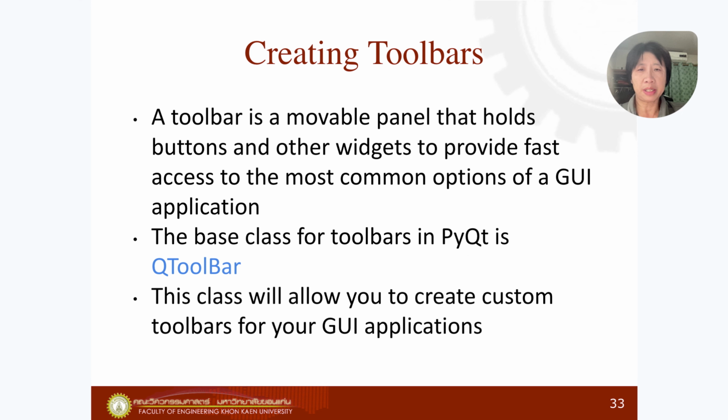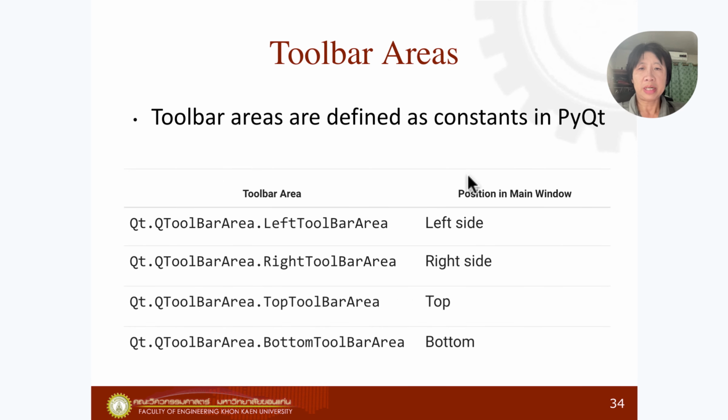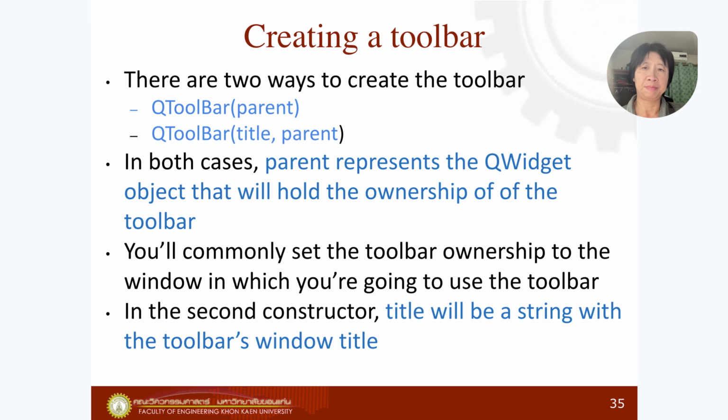Okay, after we create a toolbar, then we can set the toolbar areas where we want to place the toolbars in the window. Maybe at the top, we can set the top toolbar area, on the left side the left toolbar area, right toolbar area, and bottom toolbar area.